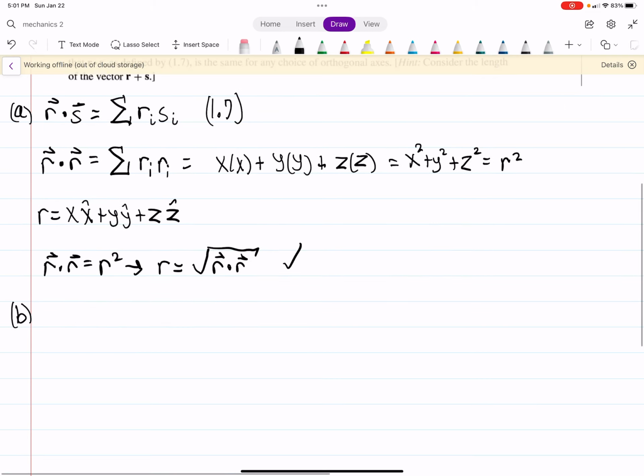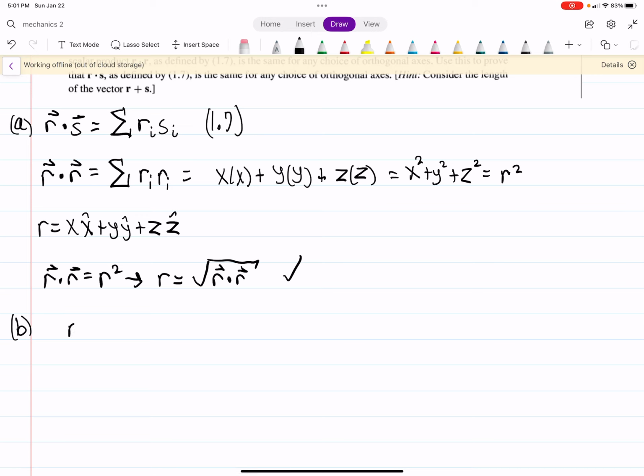Okay, so we're going to look at the vector r plus s, so some different vector. And we're going to actually look, if we take the magnitude and square that, well, we can rewrite this as r plus s dotted with r plus s, right?